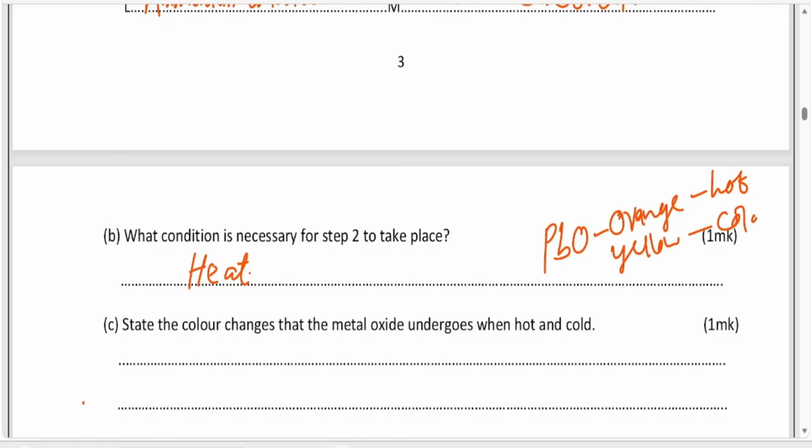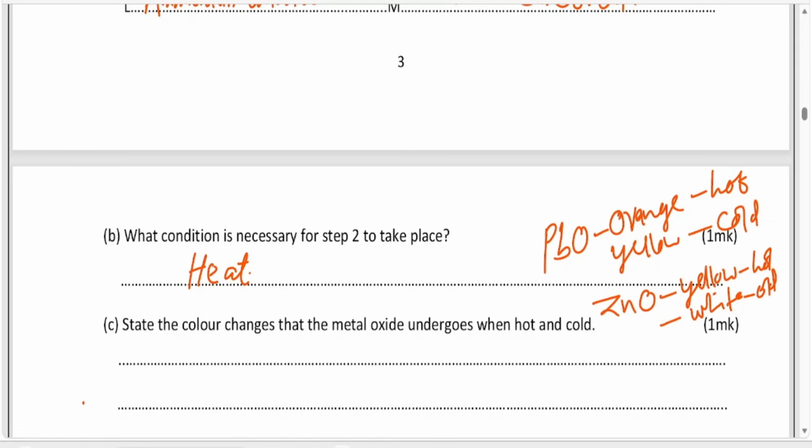Another one is zinc oxide. Zinc oxide, when hot, is always yellow in color. And when cold, zinc oxide is always white in color.